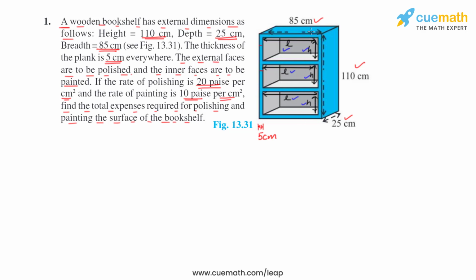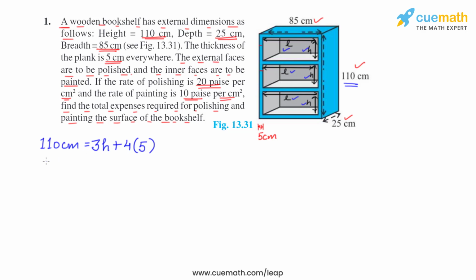The sum of this complete should be equal to 110 centimeters. It means total height 110 centimeters should be equal to 3h, plus 4 times, because there are 4 planks, 1, 2, 3, 4, 4 times the thickness, that is 5 centimeters.